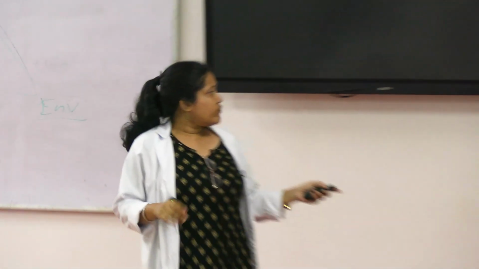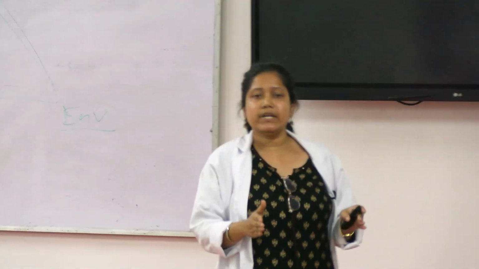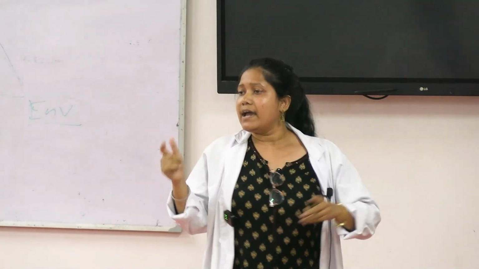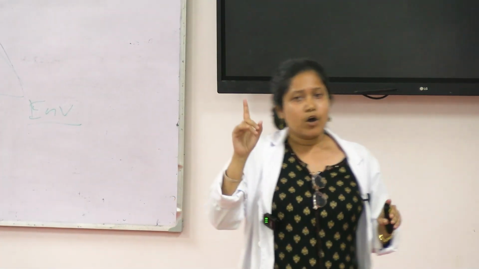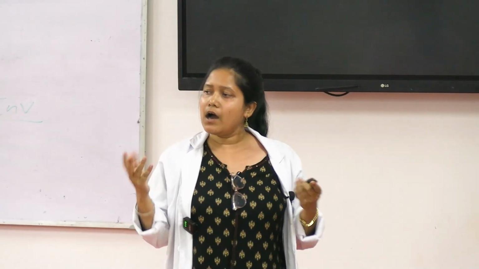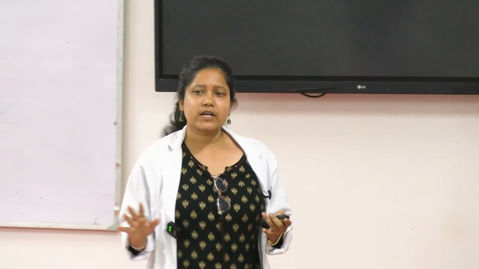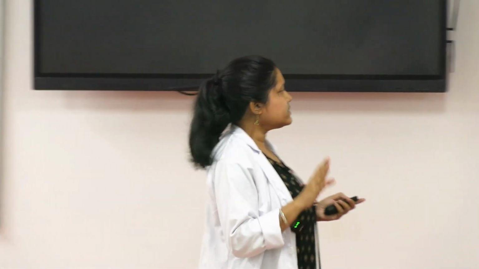So what is elimination and what is eradication? Eradication means no agent. But elimination means the agent is there, but I am stopping the transmission. I am interrupting the transmission. How are you interrupting? Vaccination, this is the interruption. We are giving early diagnosis and treatment, this is the interruption. Cough etiquette. All these things we are doing.